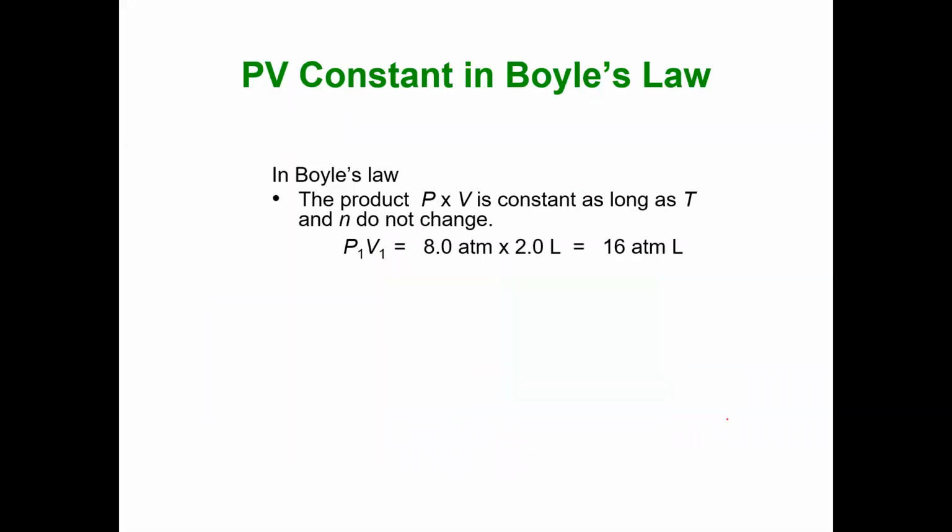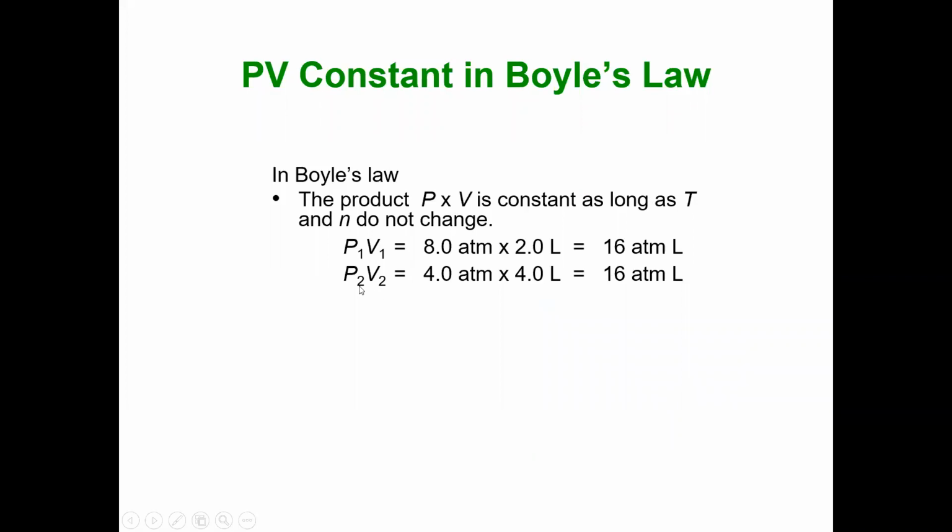So that's essentially what Boyle's law is. The product, P times V, pressure times volume, is constant as long as the temperature and the moles don't change. So I could take initial conditions, P1, V1, initial pressure and volume, and determine what that value is. If I change one of the parameters, the other parameter is going to have to adapt.